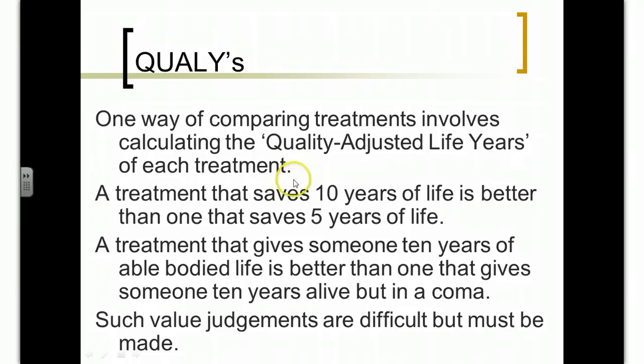Even if it's 10 years of a constant coma, is that necessarily better than 5 years of a normal life? So the QALYs are adjusted for the quality of life. What sort of quality of life are you providing? So a treatment that gives someone 10 years of able-bodied life is better than one that gives someone 10 years alive but in a coma. So now you adjust for the quality of their life.